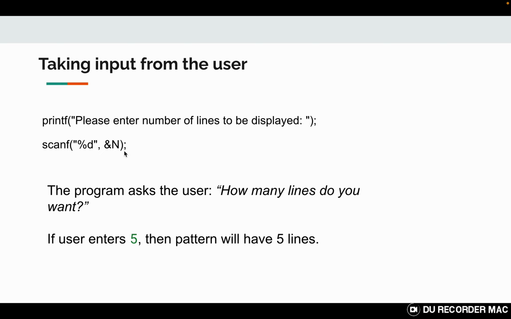So we have used the variable n which we declared earlier. When you do &n, it will prompt the user to enter a particular value. So we are making this open-ended for the user to enter any number they want, and based on that number, it will print all the lines one above the other.